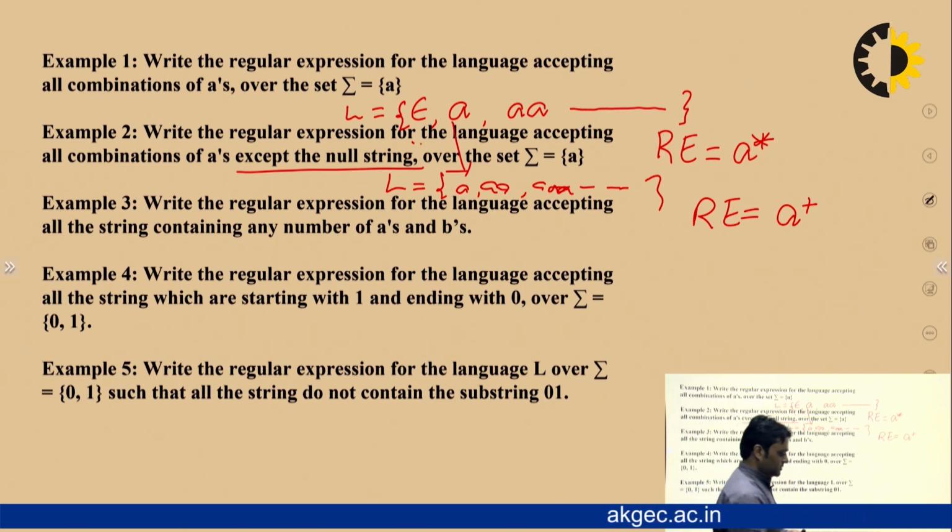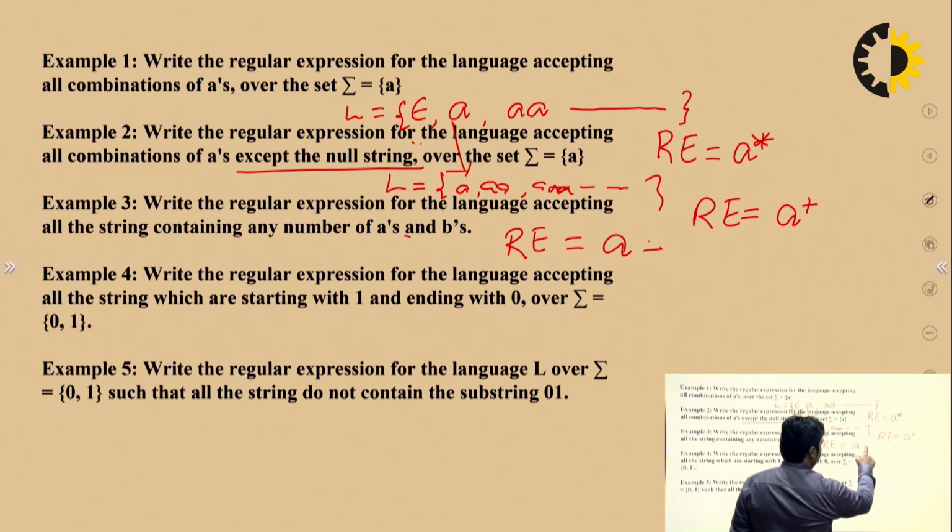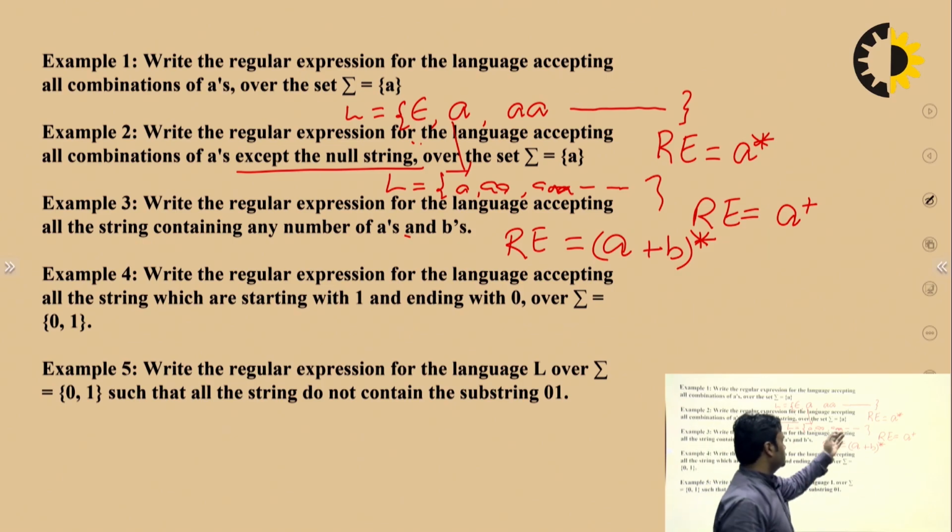For this, the language will be any number of A's and any number of B's, such as A, B, BB, any combination of the input symbols A and B. Then the regular expression we write for this will be A plus B, whole star, meaning any combination will occur in this machine. If the occurrence is 0, then epsilon will be accepted. If the occurrence is 1, then a single A or B will be accepted.